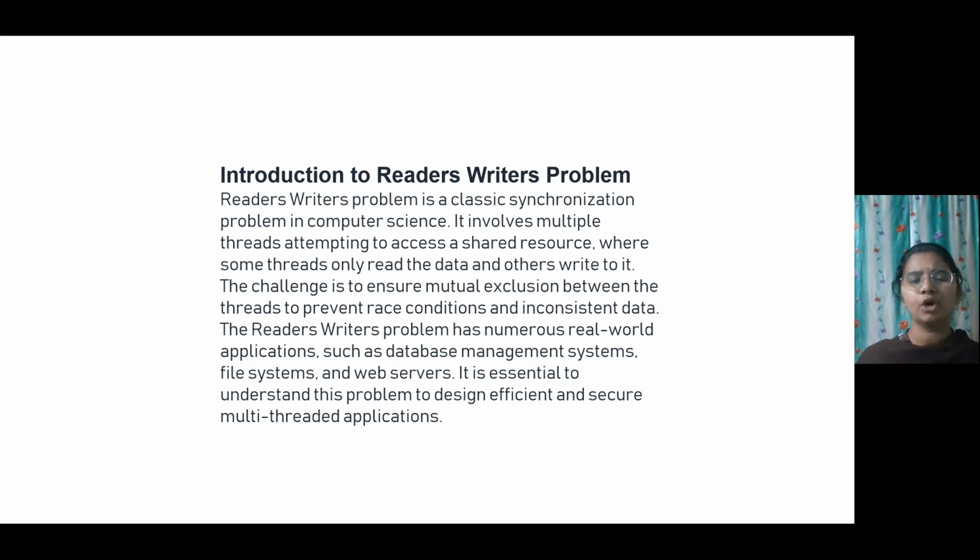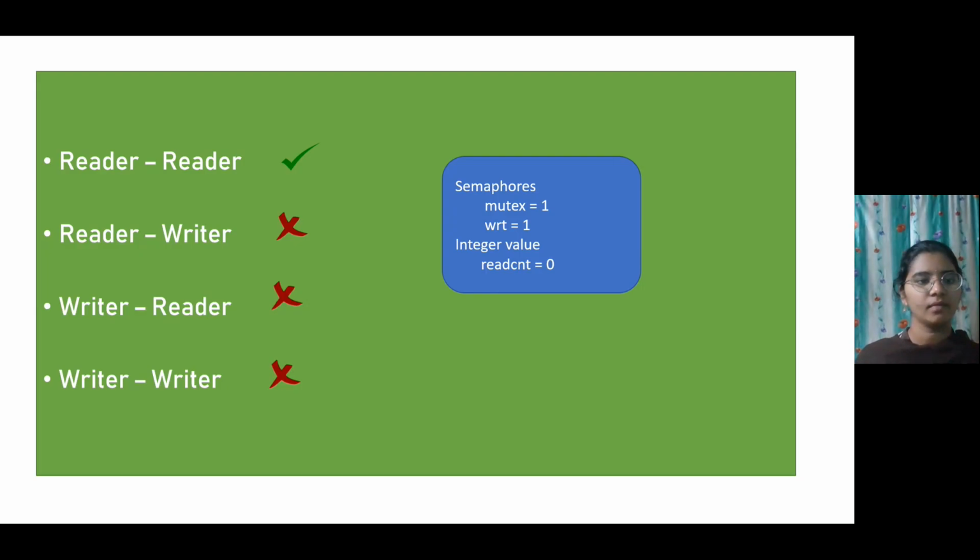So what is the problem in this? Let's see. We can classify this readers writers problem in four cases. Let us consider a reader process is accessing the data in the shared database, and simultaneously another process also requests the database.